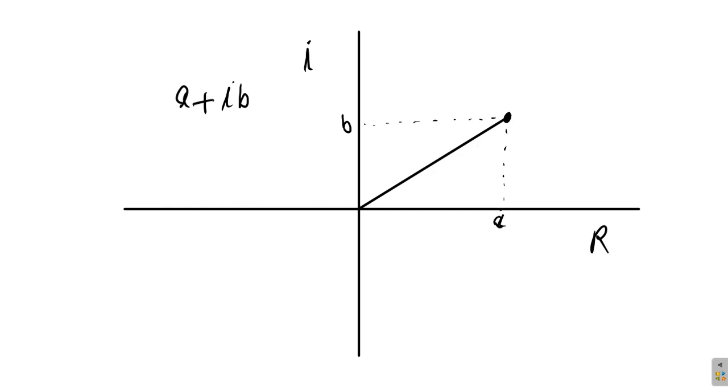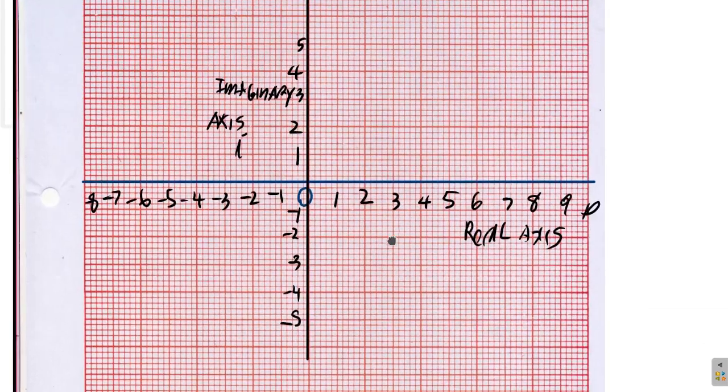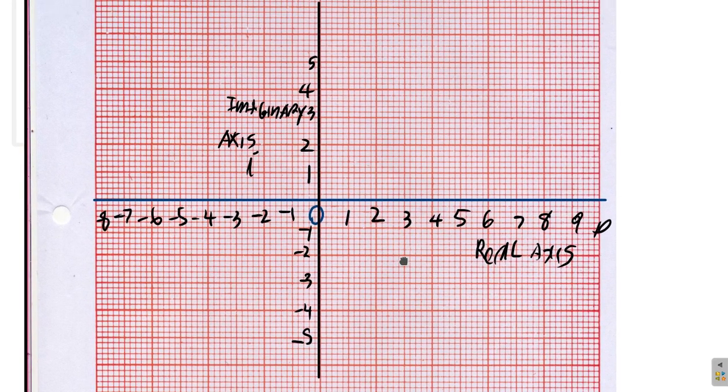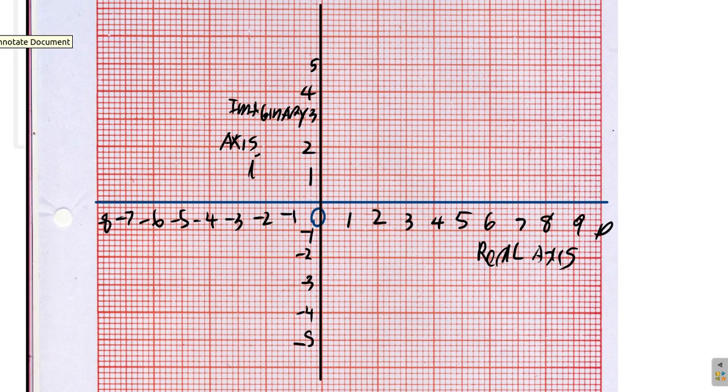Alright? Now, going back up to our graph. Suppose, for example, we want to represent this complex number 1 plus IB. In engineering, in electrical engineering, you sometimes use j. But let's stick to I for now, right?